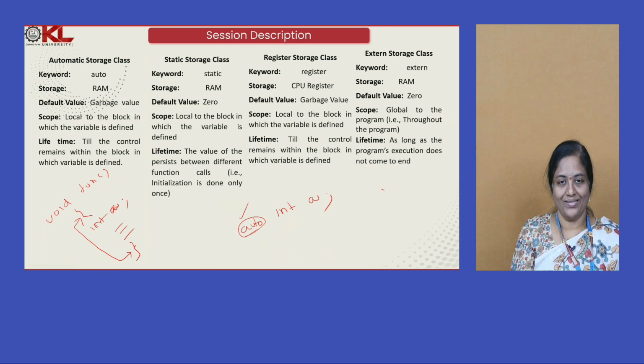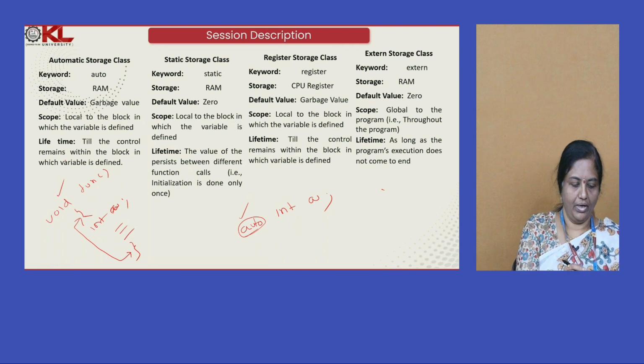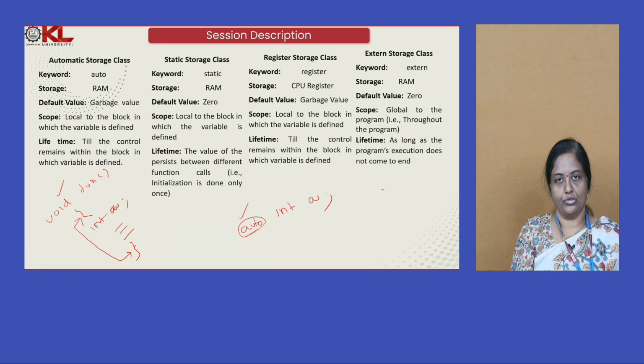It cannot be accessed, or its value cannot be retained, outside this function or block. Understood? Yes. I'll explain with an example also, but try to understand what these are.